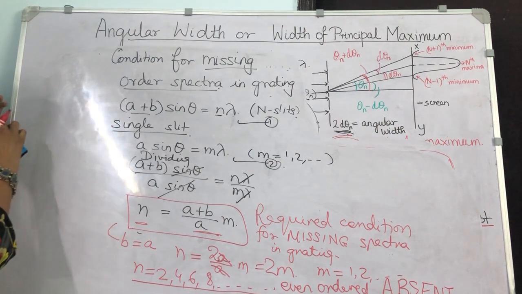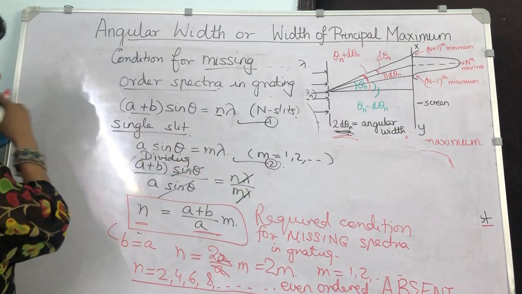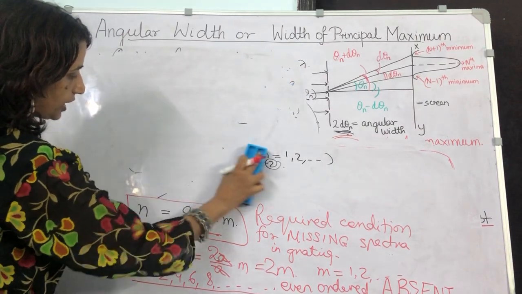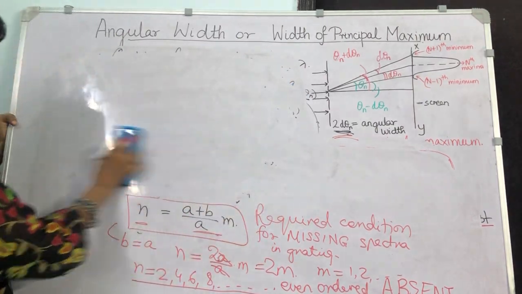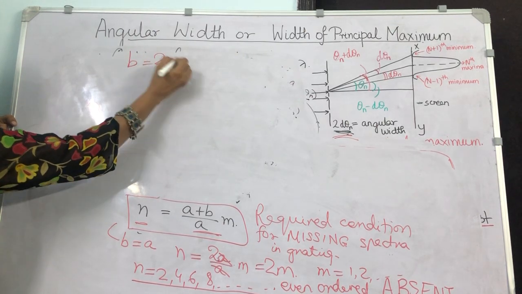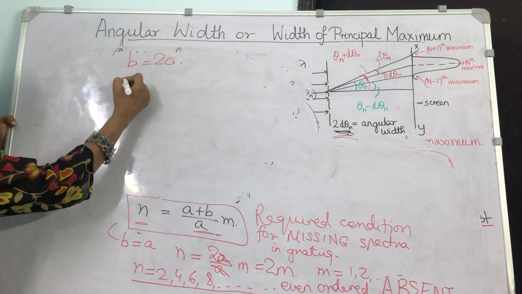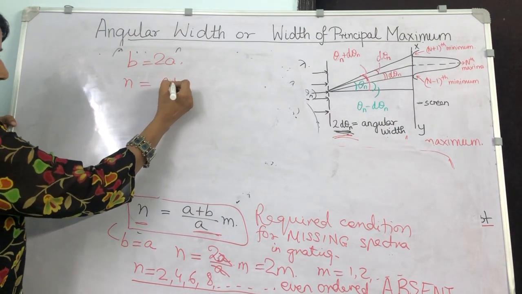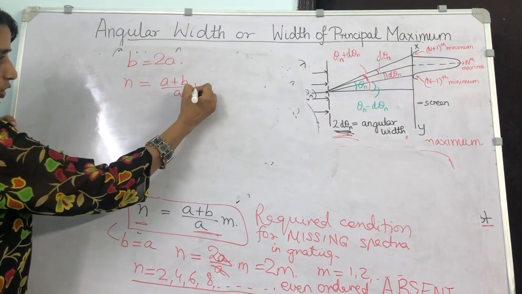One more condition you can take: b equal to 2a. When b is equal to 2a, n becomes (a plus b) upon a into m.